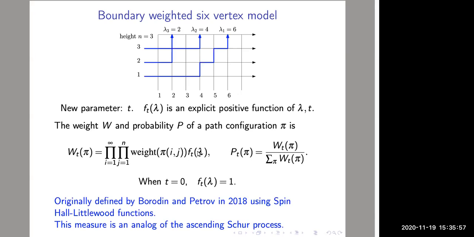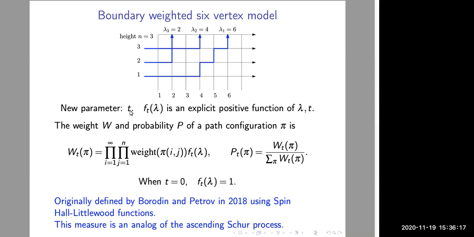I'm not going to write it down because it's not particularly illuminating, but it's important that it's an explicit choice because that gives us our exact formulas. And in this case, because of this boundary term, this doesn't sum to 1, so we need to divide by a normalizing constant to get a probability measure.